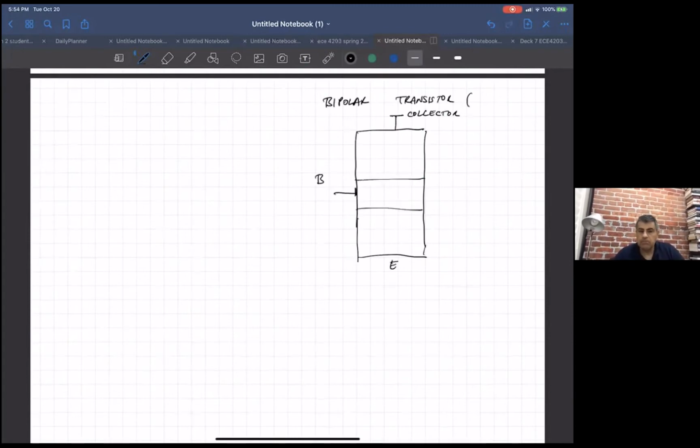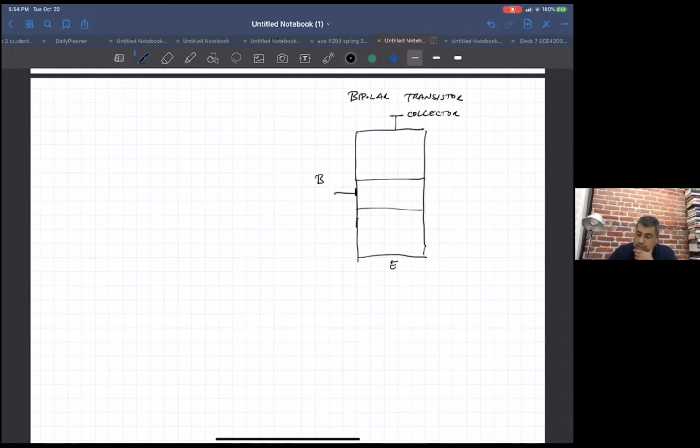So it comes pre-built from whoever is the company selling it to you. Man, my handwriting is really bad. Bipolar transistor. So now you've gone and bought this thing.